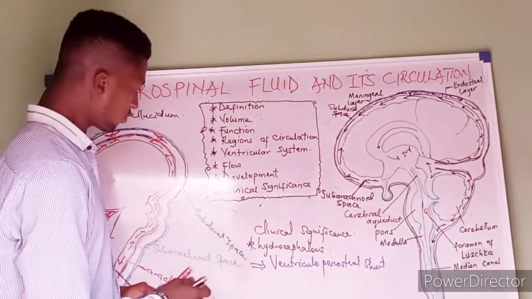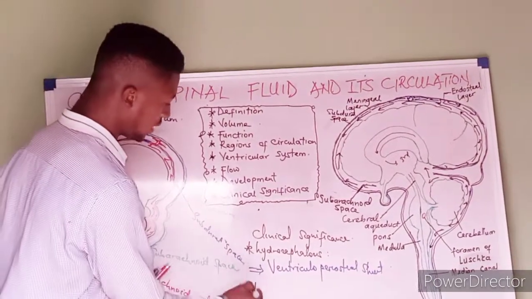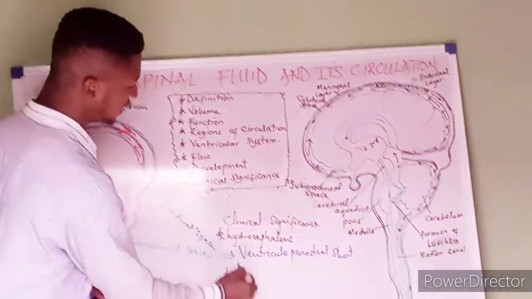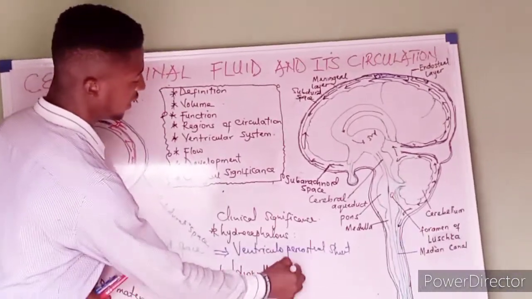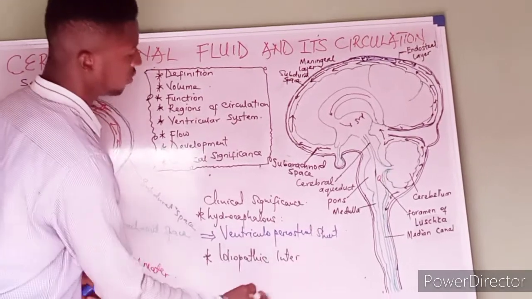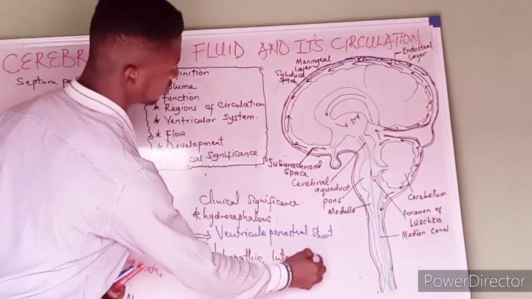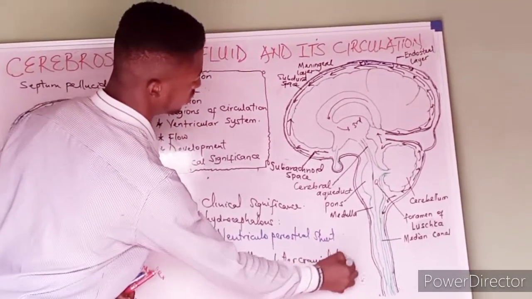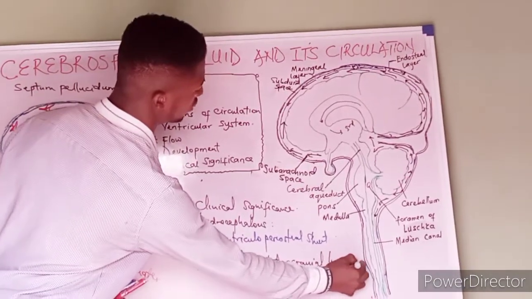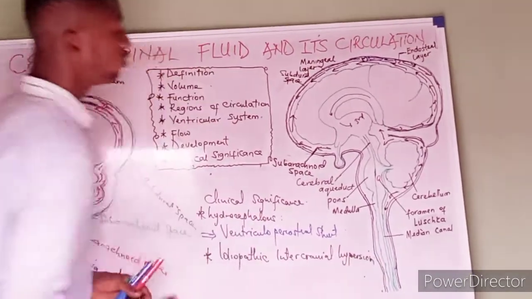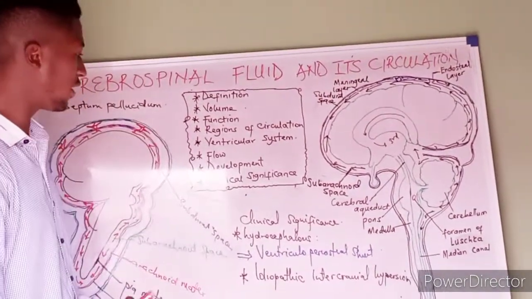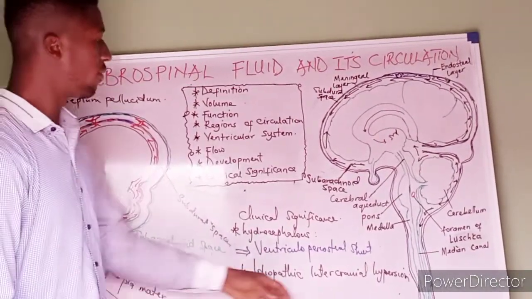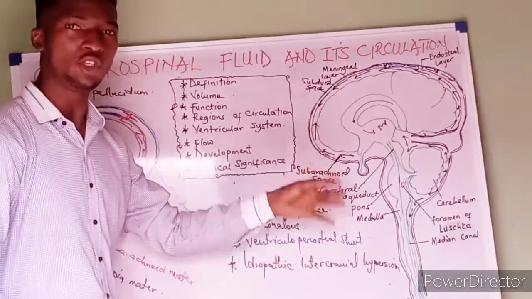Now, the second one is idiopathic intracranial hypertension. We won't talk much on this, but what I want you to know is that this is as a result of increase in cerebrospinal fluid pressure.